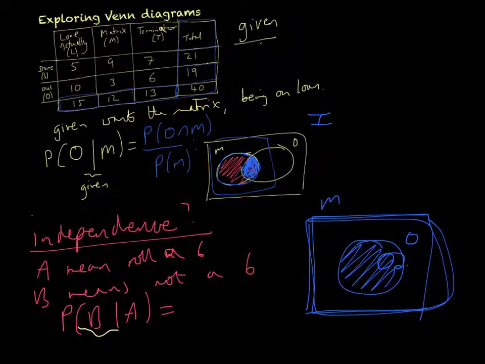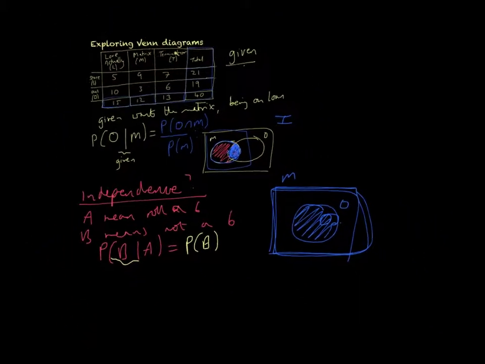No, because the dice is completely independent, right? So it doesn't matter which one I rolled first. Every time is independent of each other. So what we're saying is that this thing is actually the same as the probability of B. So to make that real clear, how do we write this out?